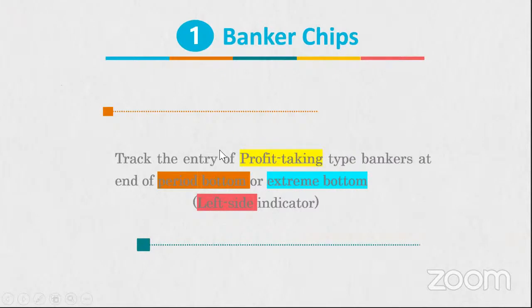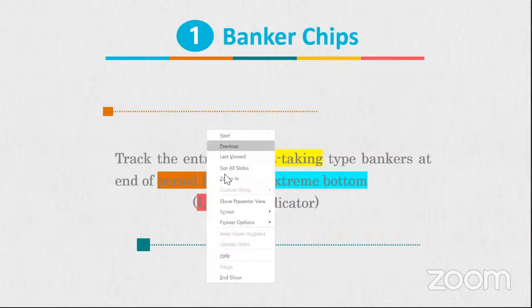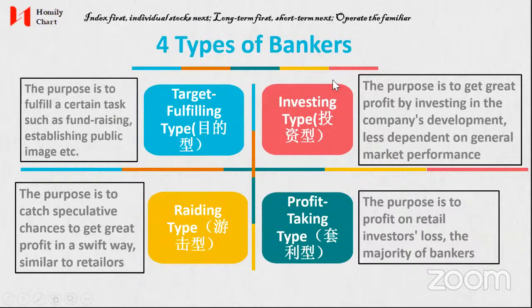Some members might be a bit confused about this word, profit-taking type of bankers, right? So just give you some background. For bankers, we have different types actually. So we have some type called the target fulfilling type. We have the investing type, we have profit-taking type, and we have the reading type.